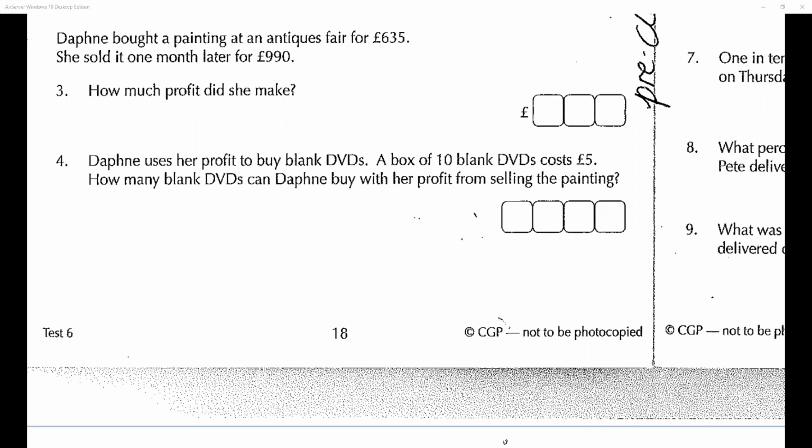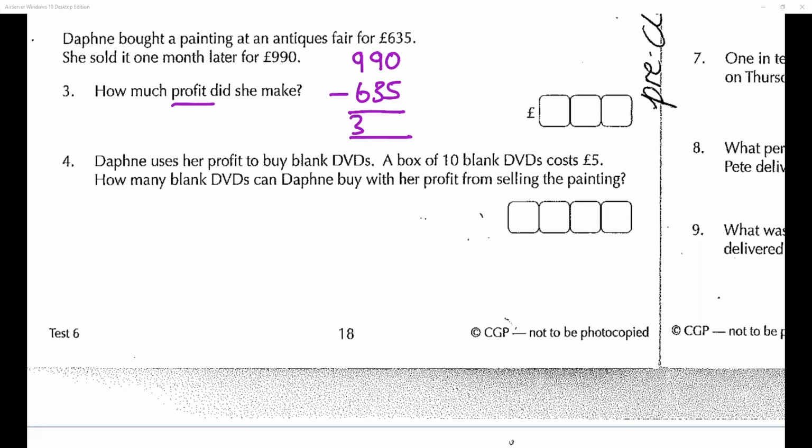How much profit did she make? Okay, go on then. How do you work out the profit? To work out the profit, you do £990, take away £635, and that would give you an answer of £355. Nice, straightforward minusing question. Done.